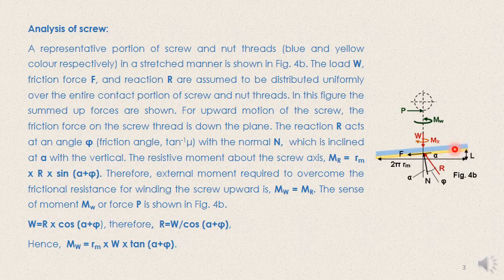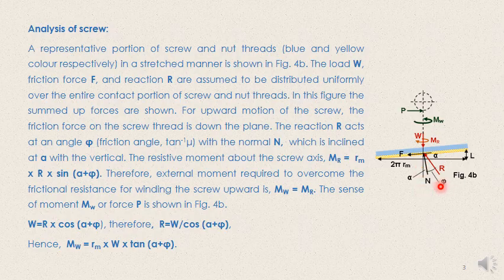If it is moving in the upward direction, then the friction force will act downward onto the bottom face of this screw thread profile. So R has to go like this. Then you can see R makes an angle of phi with the normal reaction, and the normal reaction makes an angle of alpha with the vertical line.